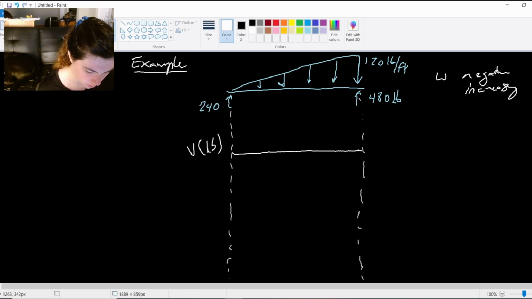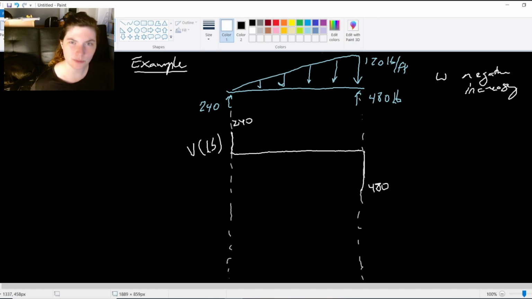So this 240 shoots it up to 240 right here. And then that 480 I know is bringing it back to 0. So it's going to be this 480 here. And then I'm just connecting the dots between them because it's just one singular region of loading. There's no change. It's just one triangular loading region up to 120 pounds per foot.